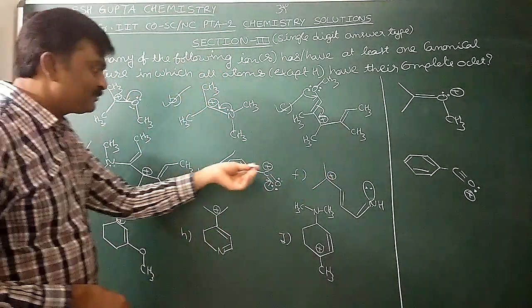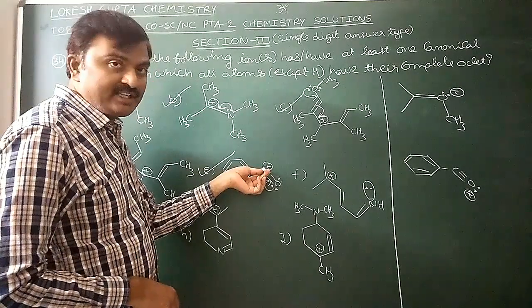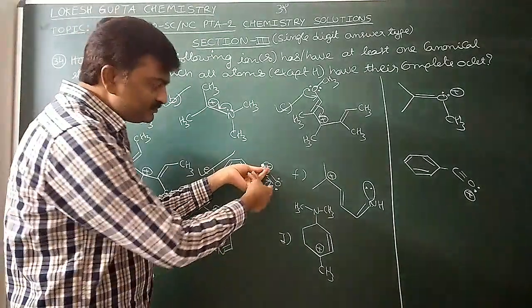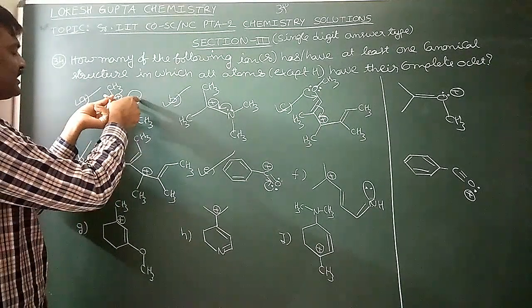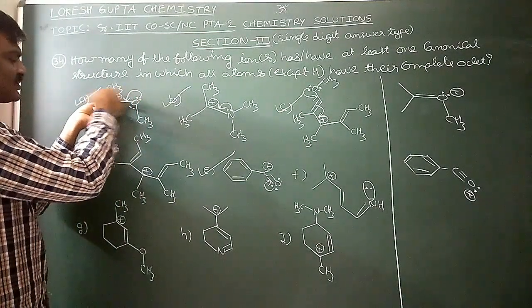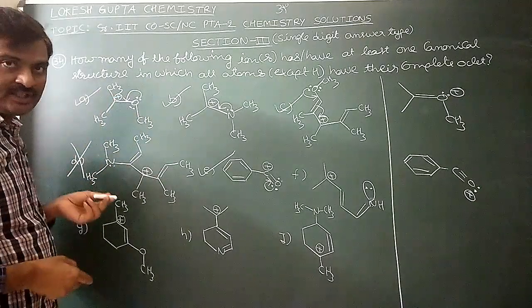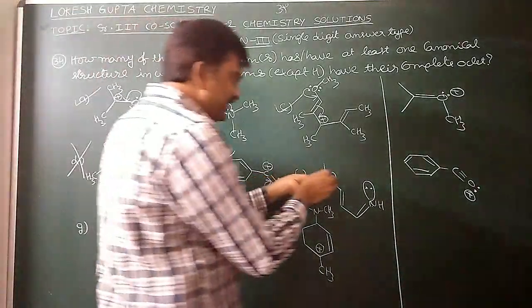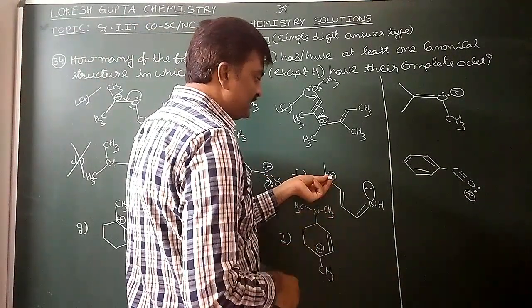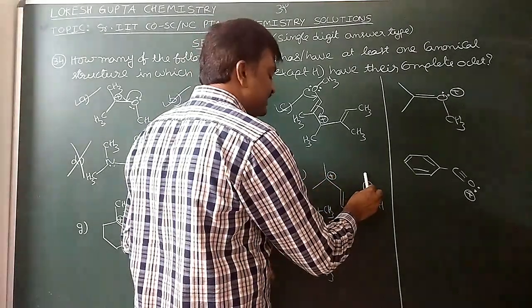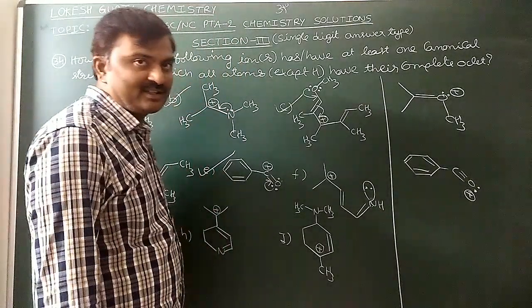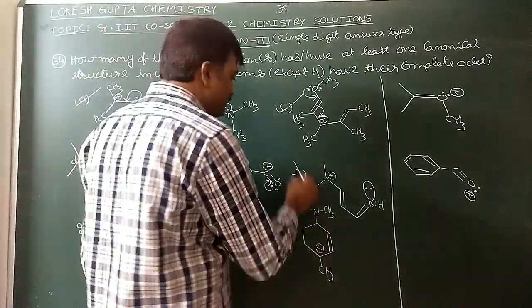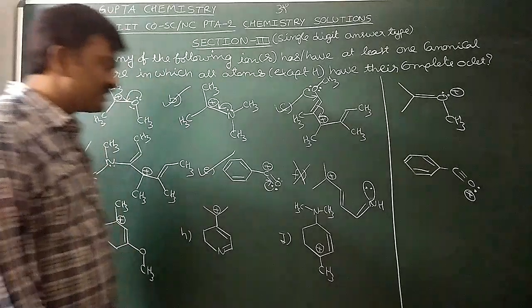In all these examples, to this empty 2p orbital, these lone pairs are parallel, so lateral overlapping or delocalization is possible. But here the empty 2p orbital is in this way, the lone pair is in this way. So delocalization is not possible at all. So it is not the correct answer.